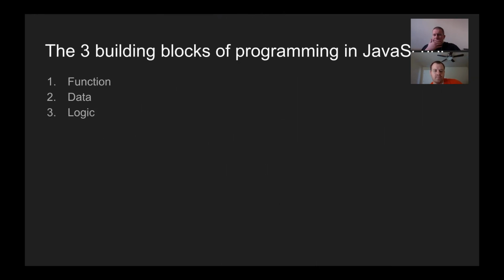I like to think that there are three building blocks or basic concepts of programming. Specifically with JavaScript, it's the function. Sometimes it's called a method, if you're using object-oriented programming. Functions are ways to organize your code, and we'll get a little bit deeper into that.